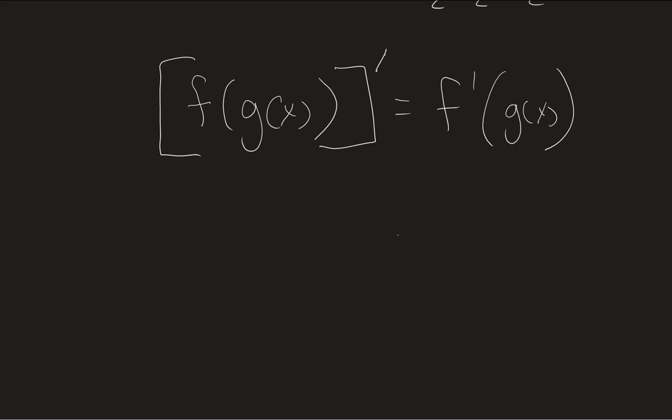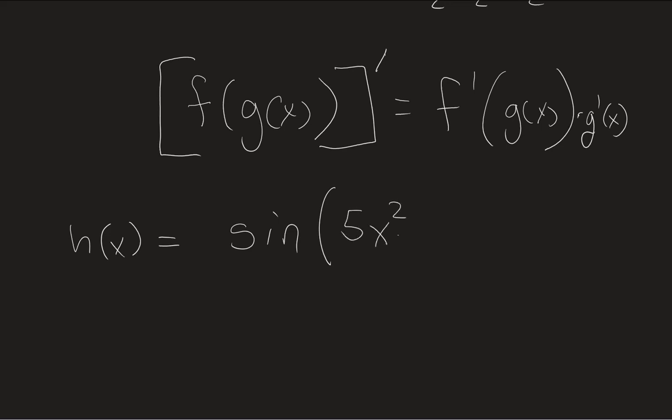Let's say I had as my function h of x equals the sine of 5x squared. I've got two functions going on here. I've got sine and I've got 5x squared. The outside function is sine, so I take the derivative of it first.